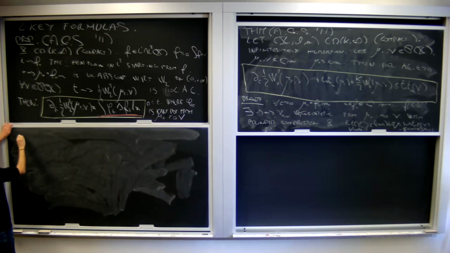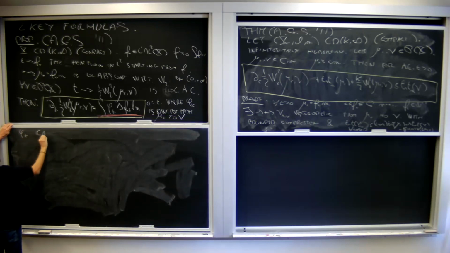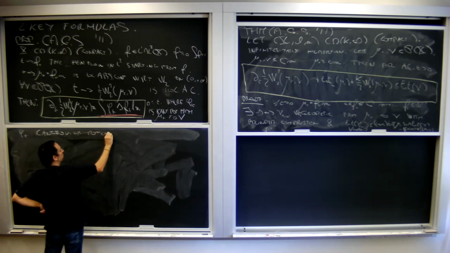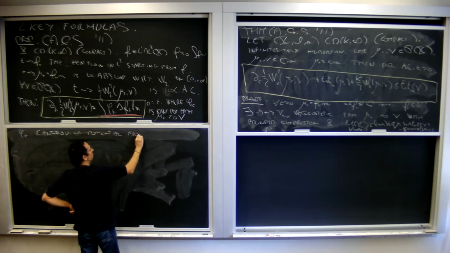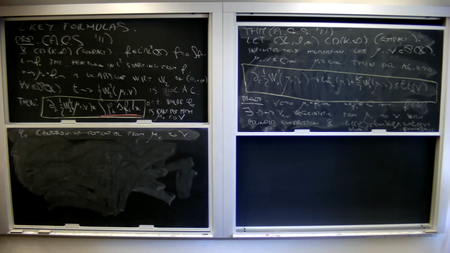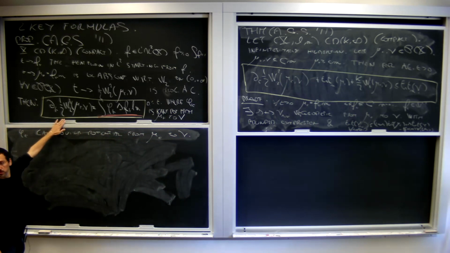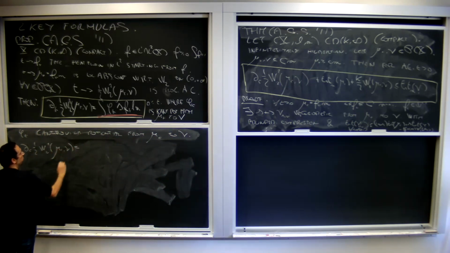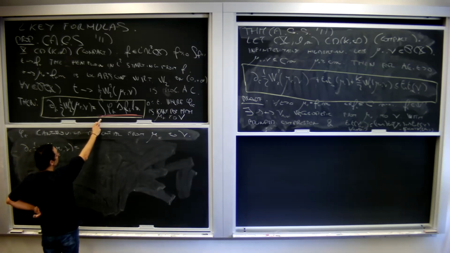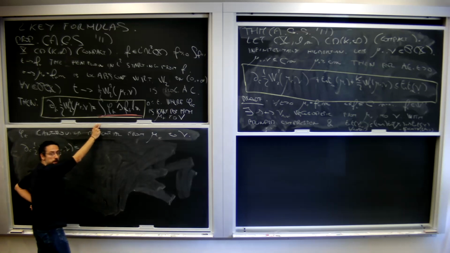So I also pick φt a Kantorovich potential from μt to ν. Well, then this formula holds, and this is equal to this formula, now that I am in an infinitesimal Hilbertian space.